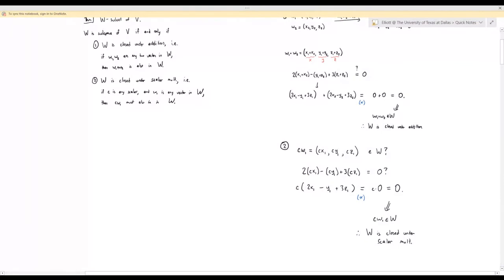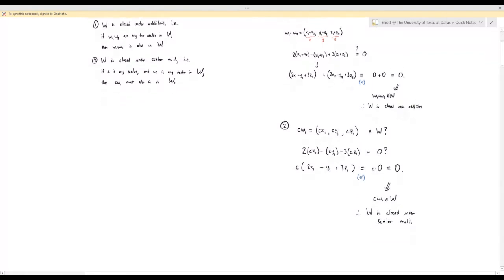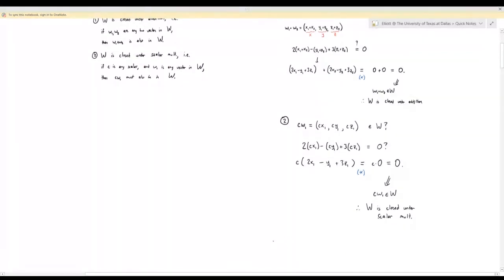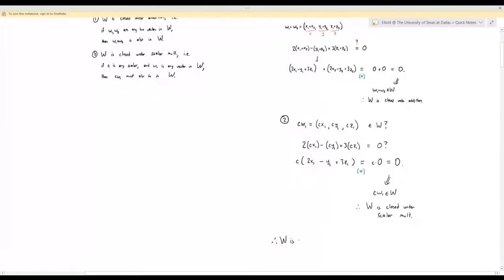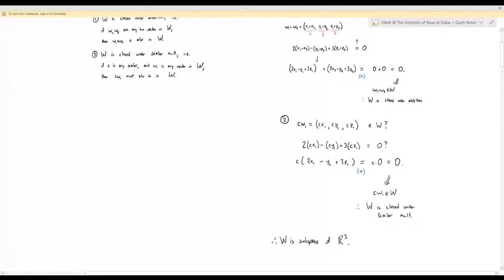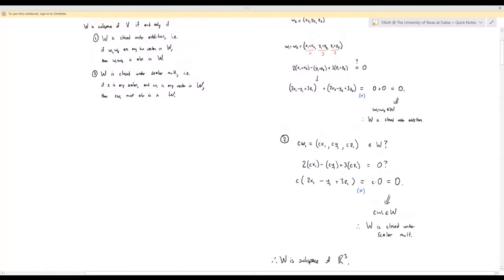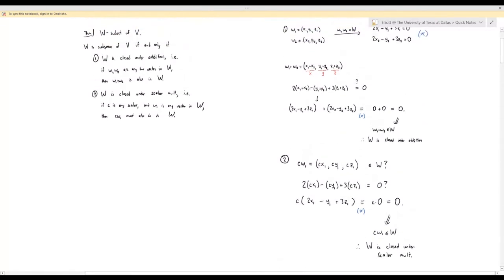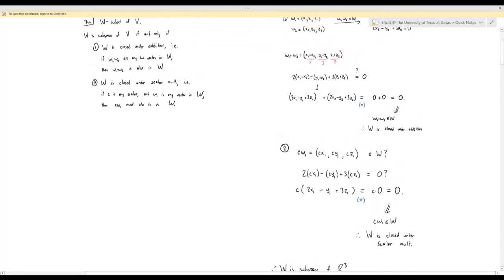So finally, since it's closed under both addition and scalar multiplication, we can say that W is in fact a subspace of R3. So that's one example of how you would show that something is closed under addition and then closed under scalar multiplication.